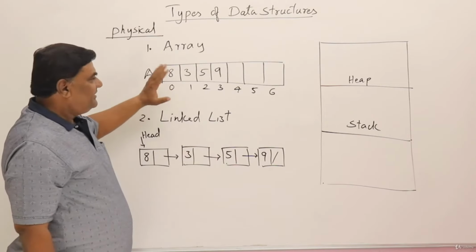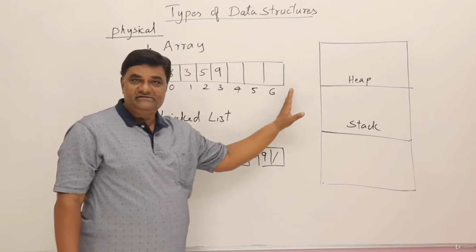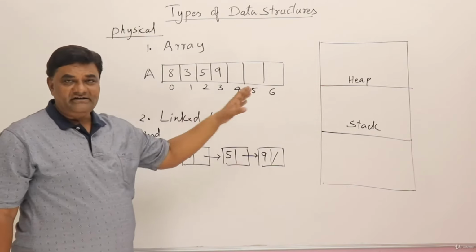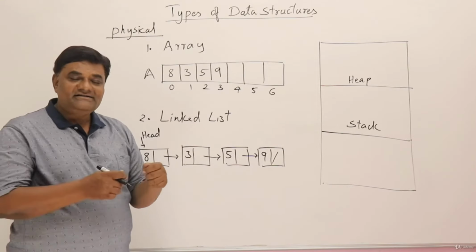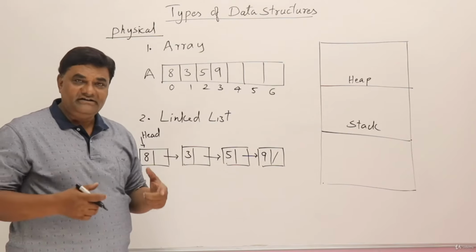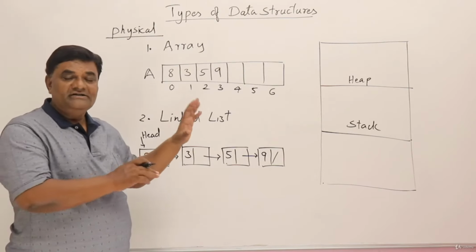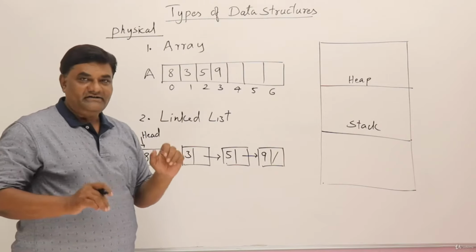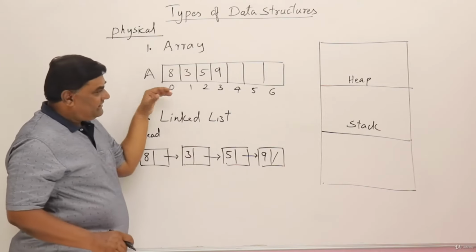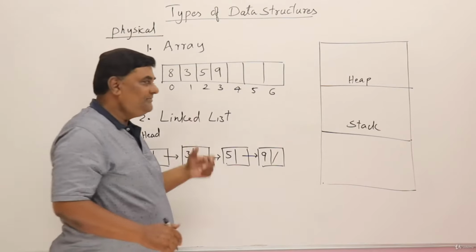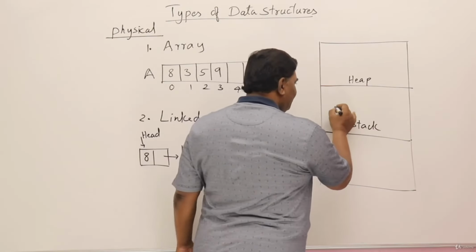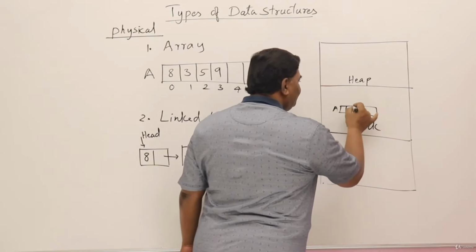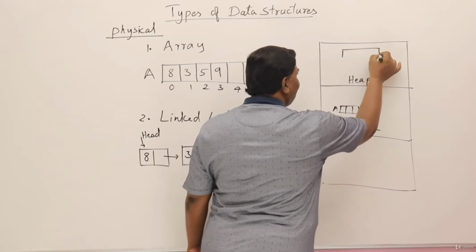This array will have fixed size. Once it is created of some size, then that size cannot be increased or decreased. So it is of fixed size. So the size of an array is static. Where can this array be created? An array can be created either inside stack or it can be created inside heap.